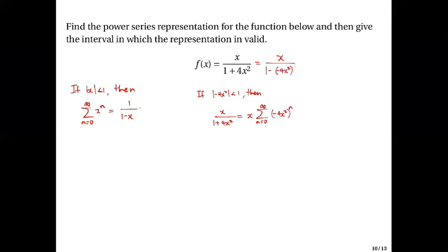If we simplify this, you have x sum n from 0 to plus infinity of negative 1 to the n, 4 to the n, x raised to 2n. And then if we bring this x inside the sum, we will have the sum from n equals 0 up to plus infinity of negative 1 to the n, 4 to the n, x raised to 2n plus 1.